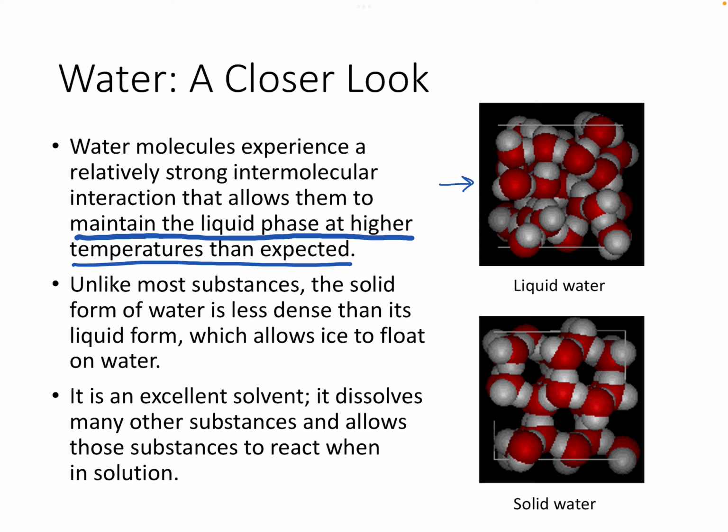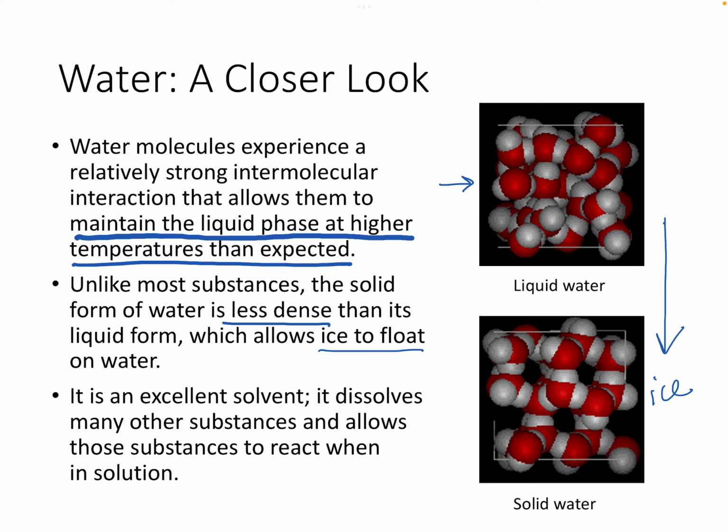What's interesting though is as we decrease the temperature and turn water into ice, we see that the solid form of water is less dense than its liquid form. So that actually allows ice to float on liquid water.